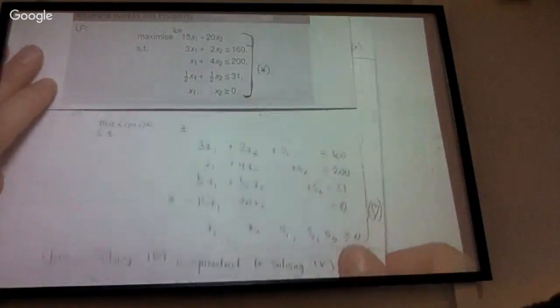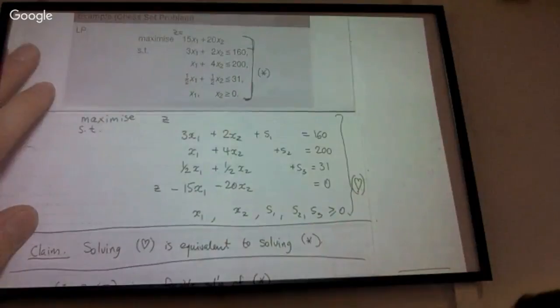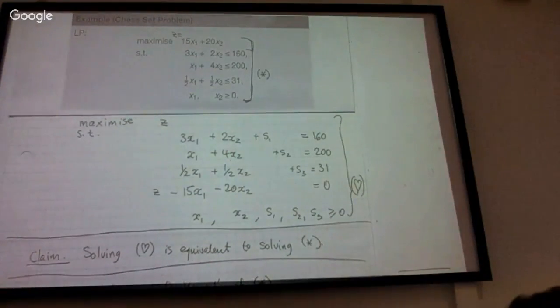Again, this is revision. We introduced new slack variables. Remember, there's 1 slack variable for each constraint. This is from last week. Solving this with the slack variables and equalities is the same as solving without slack variables with inequalities. Okay?